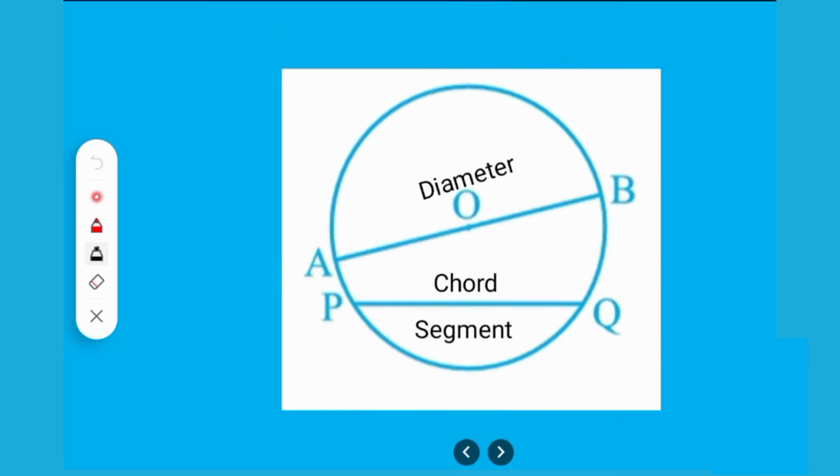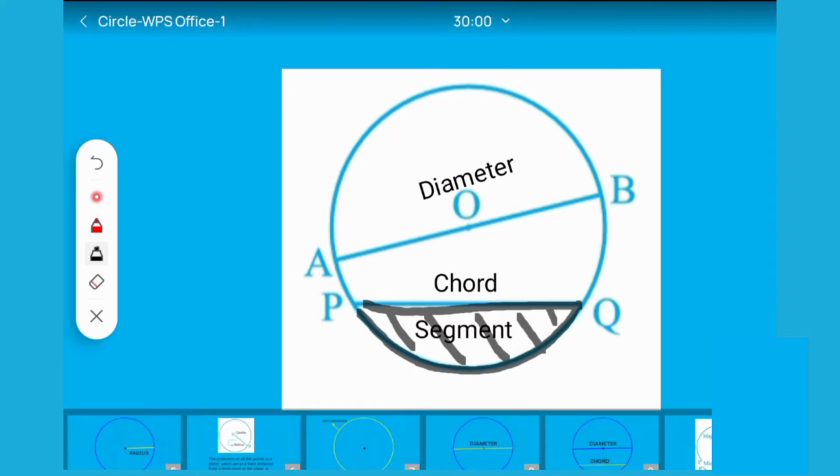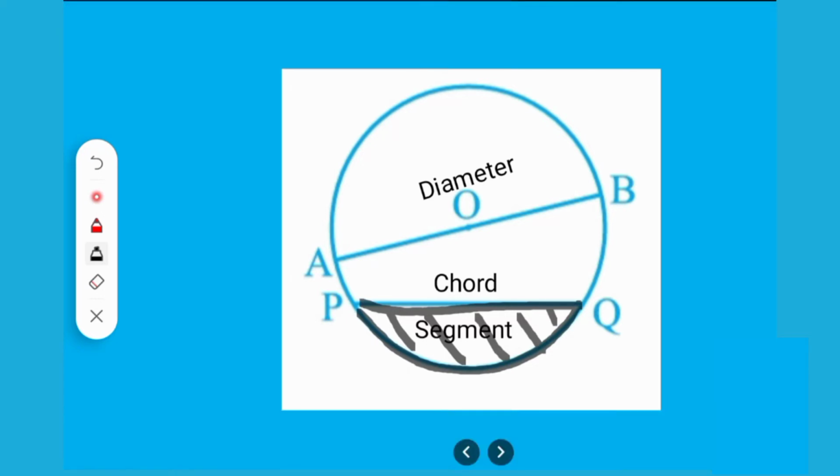Now what is the segment? The segment is the part under the chord PQ, that is the straight line, and the arc; that part is known as the segment. Do you get it? The area between the chord and arc is known as the segment.